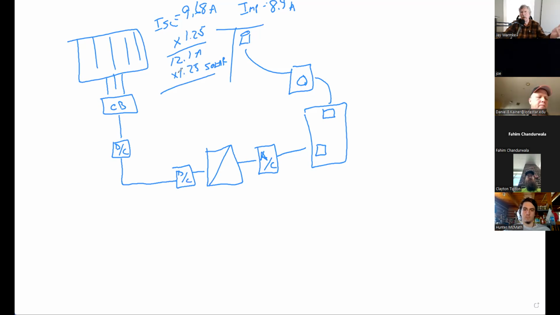And the reason for that is this 9.68 was determined based on STC. And STC says there's 1,000 watts per square meter. But the sunlight, I've done measurements out in the field where I've gotten 1,200 watts per square meter. You know, at the edge of the Earth's atmosphere, the solar constant is like 1,360 watts per square meter.